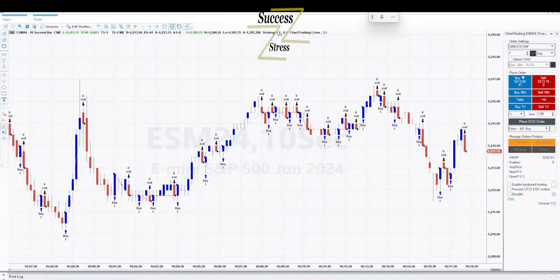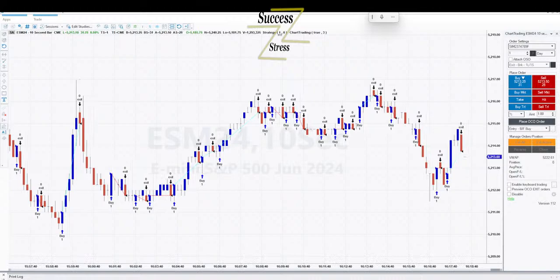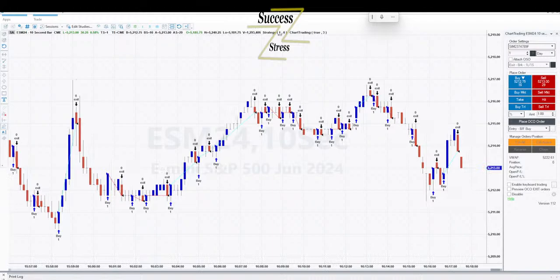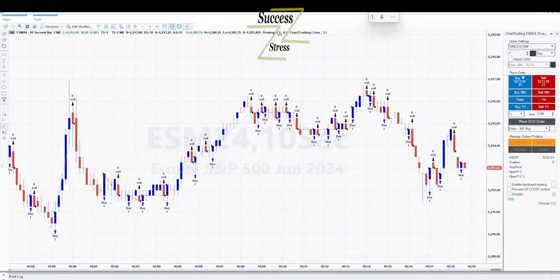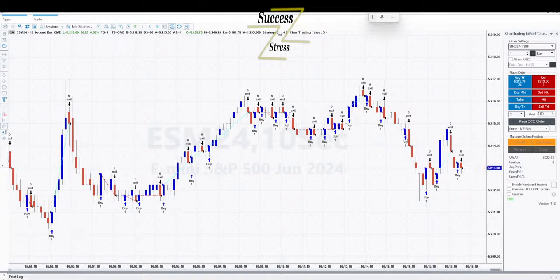Going through all the tabs over here and nothing shows up that we were in a position. Okay, so we're in another position. Balances. Not showing up on the balances. Real-time unrealized P&L is not showing up there.